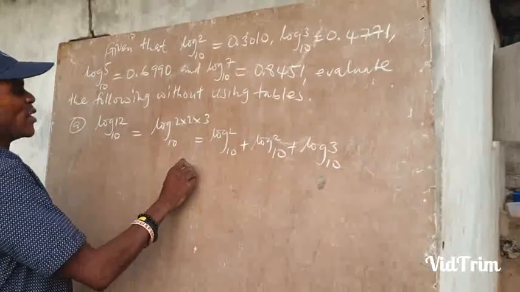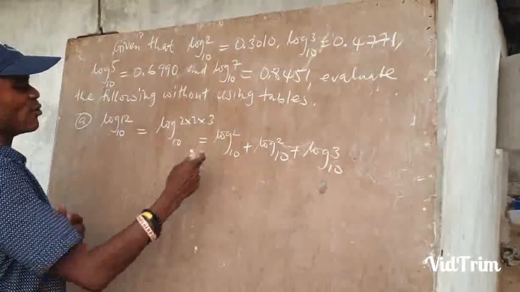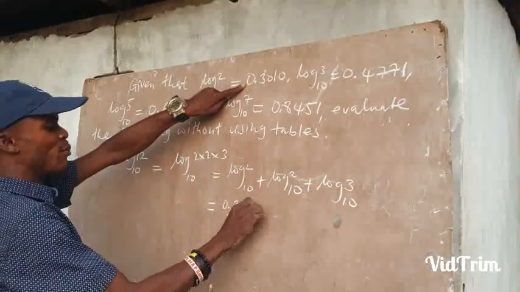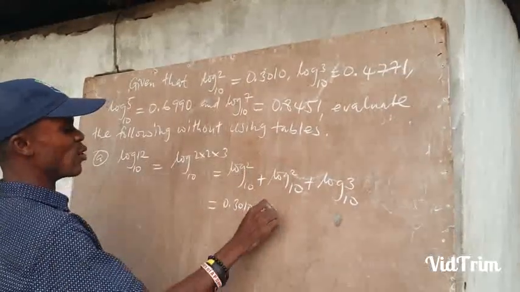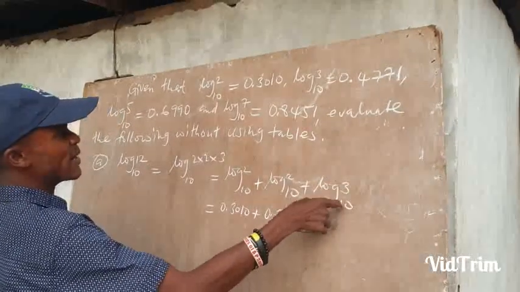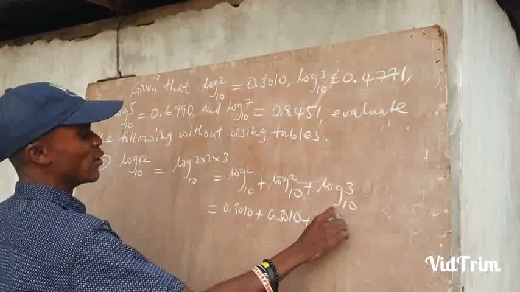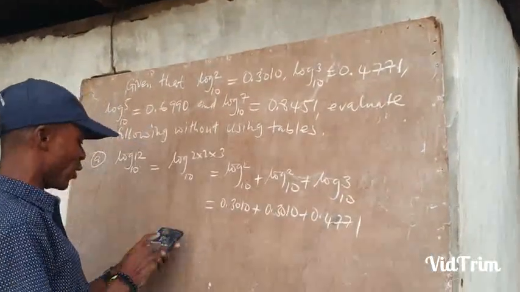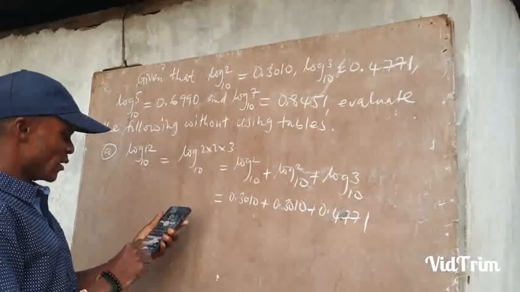Now we substitute the values given. They said wherever you see log 2 base 10, you put 0.3010 plus. This one also is 0.3010 because it's still log 2 base 10. Then log 3 base 10 appears as 0.4771.